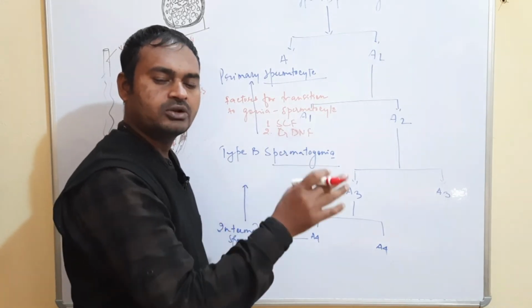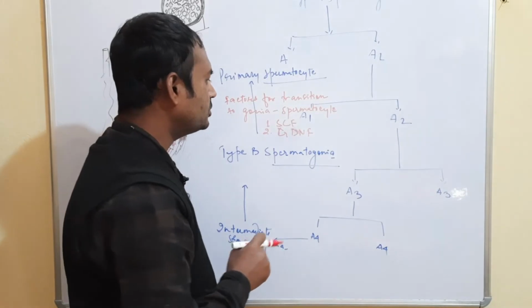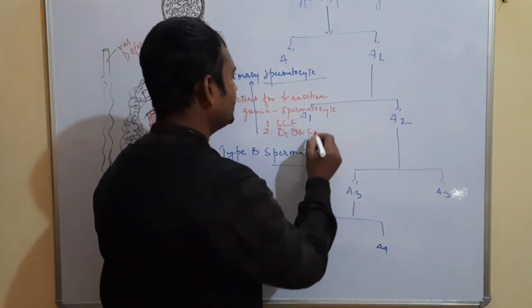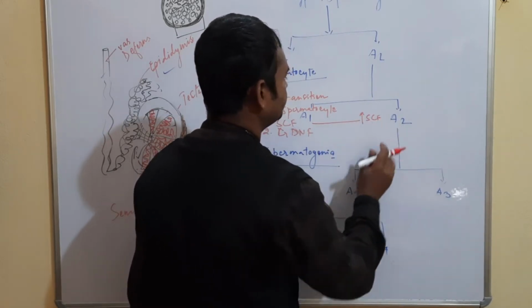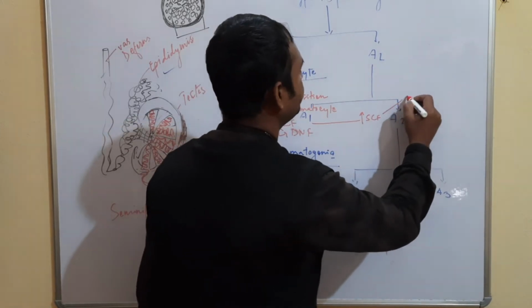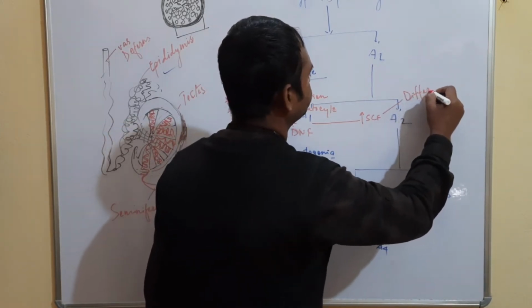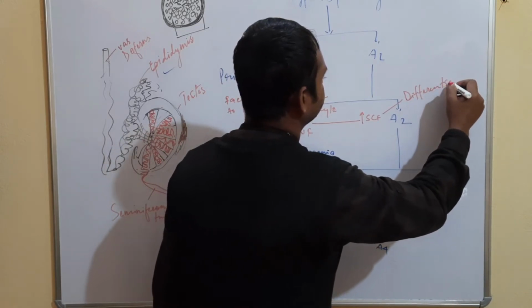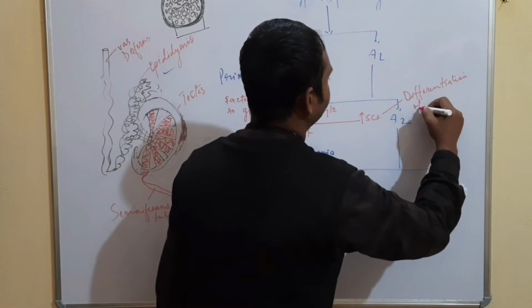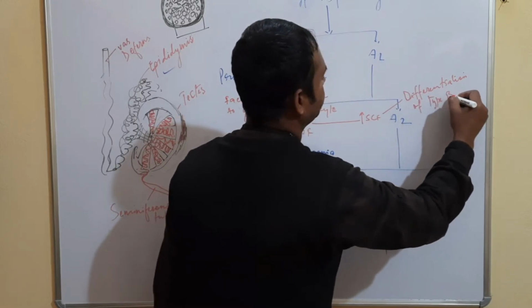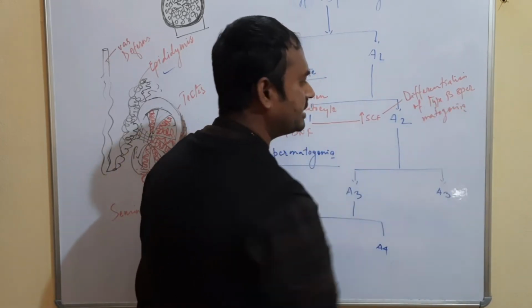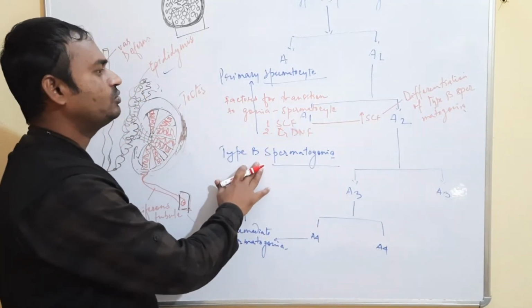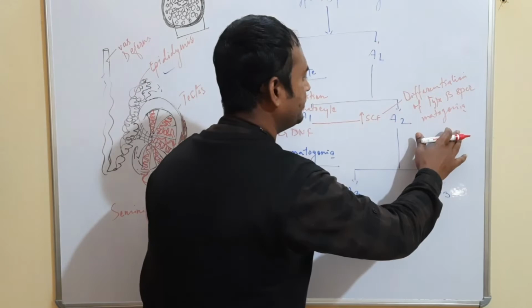So here are the two fates. An increase in the concentration of SCF will lead to the differentiation of type B spermatogonia to primary spermatocyte.